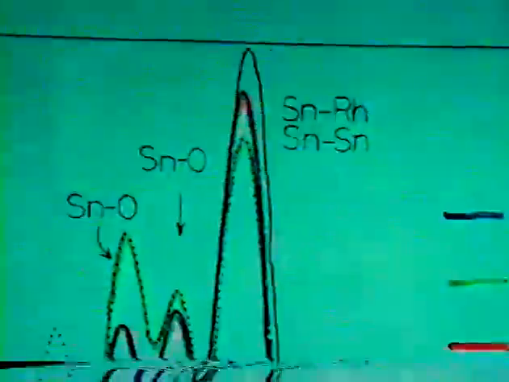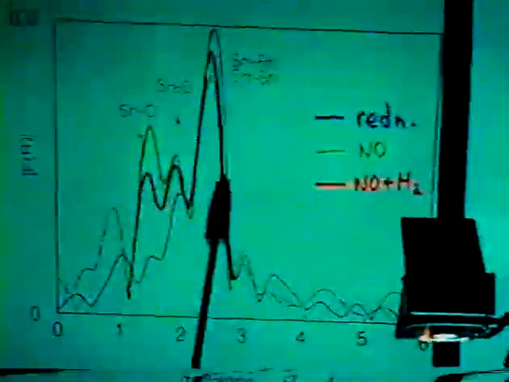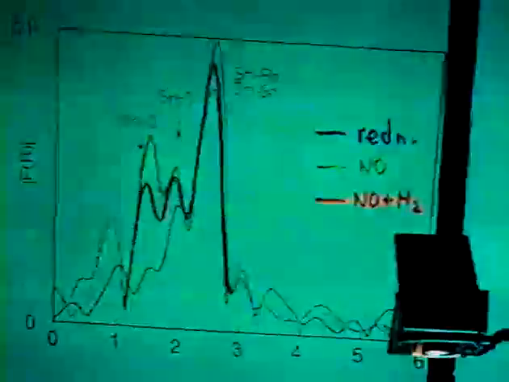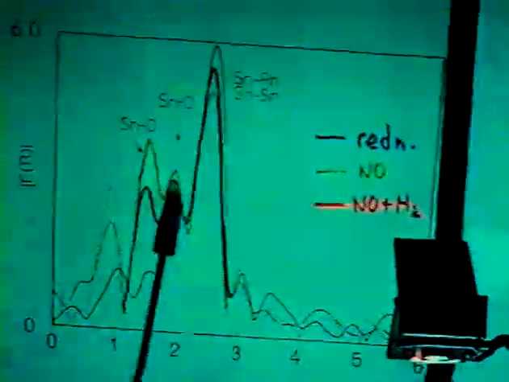So this is a structure we expected. And furthermore, we observed the direct bonding between the tin atoms and oxygen atoms of NO molecules adsorbed on the rhodium side by X-ray spectrum.